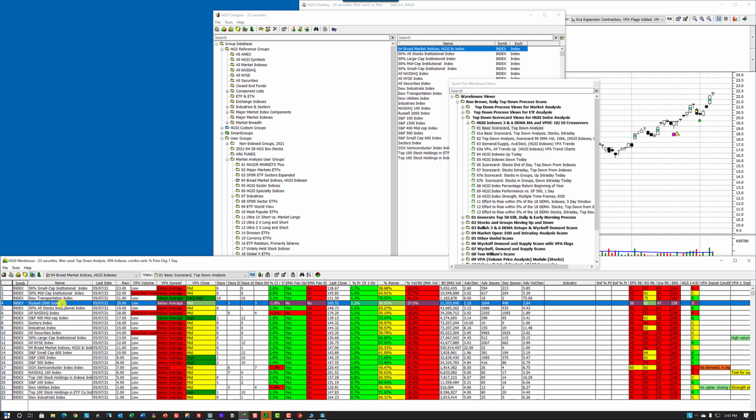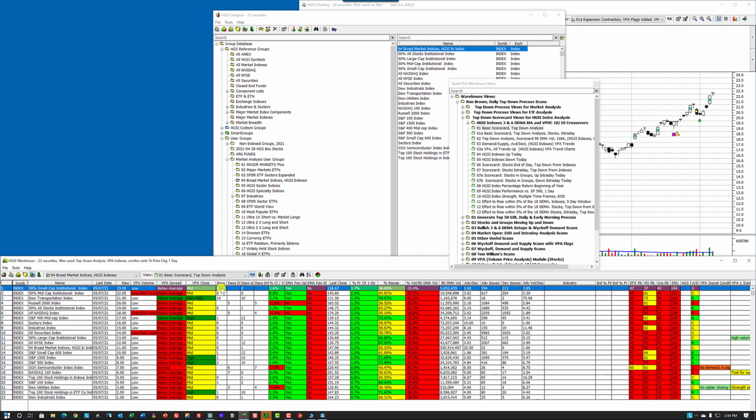The Russell's been fairly weak, but there's bargain hunters evidently coming in there today. Now these numbers right here, the days since the 3 crossed the 6, and the days since the volume point of control, which is a VPA indicator, crossed over, are both 0. So this tells me that the small cap institutional index crossed over today with 20 minutes left to go in the market.